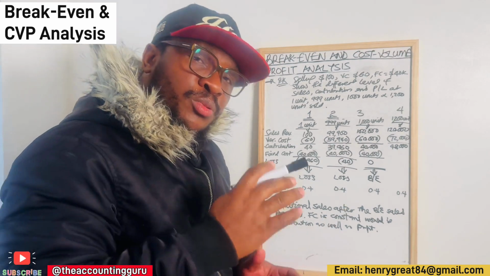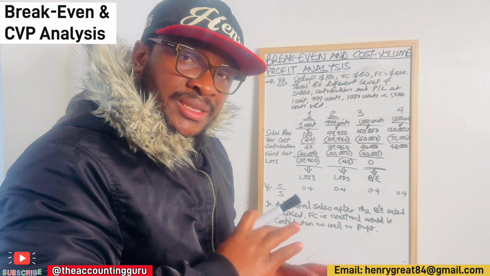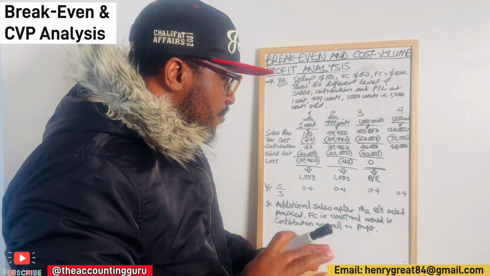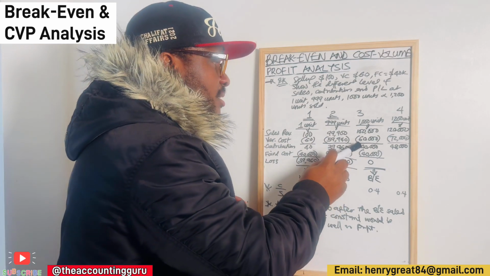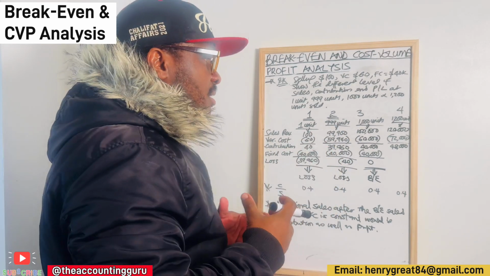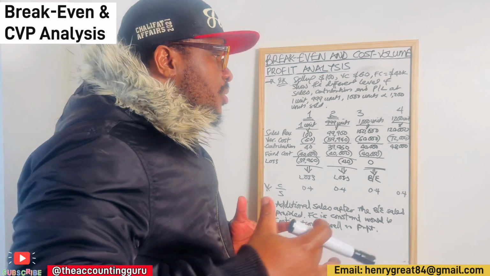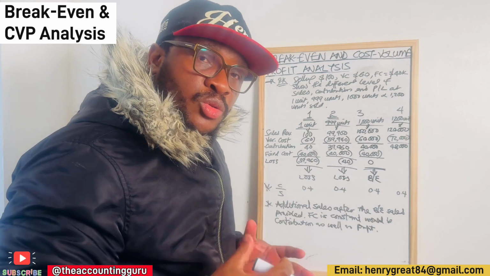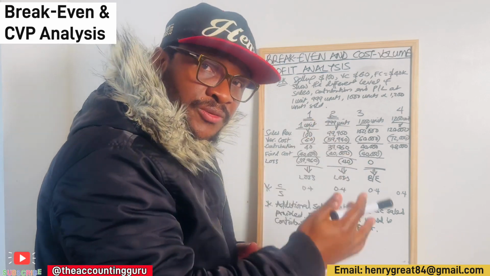Clearly, there is no profit, there is no loss. So this is a case of break-even. This one is very clear, which means that all the contribution that was earned was able to recover all the fixed costs incurred without any extra that would serve as profit.